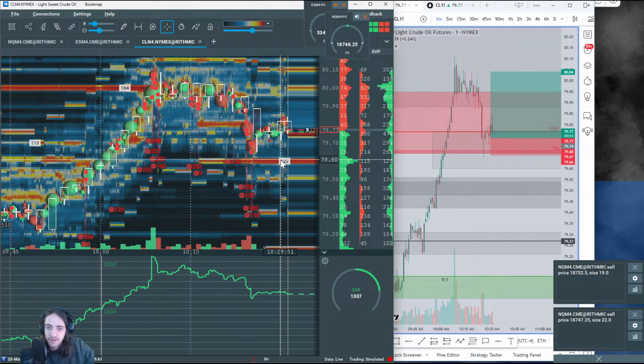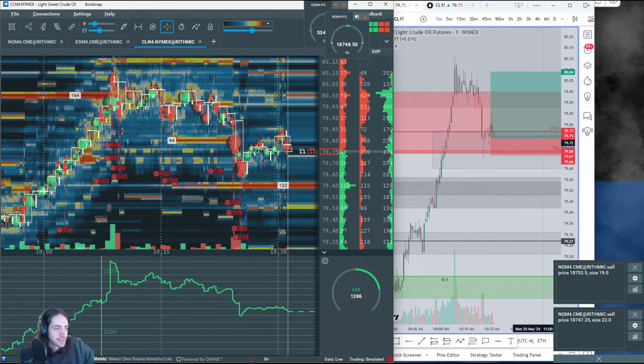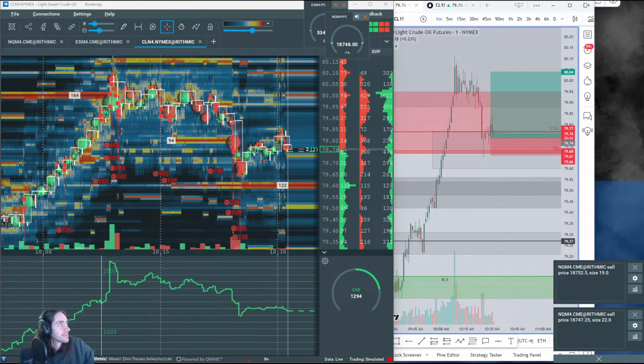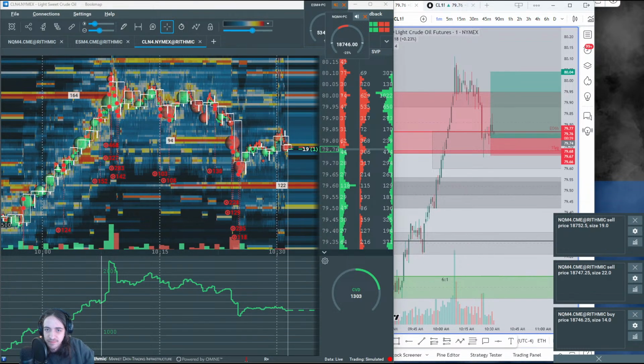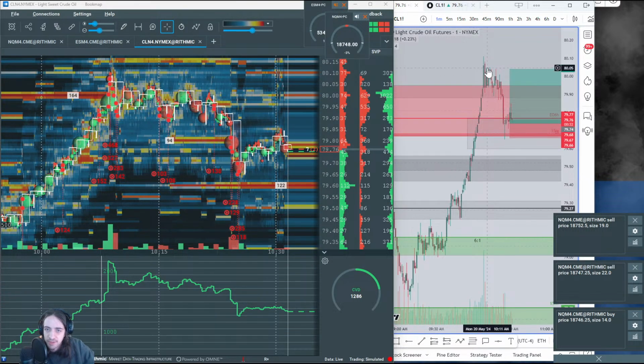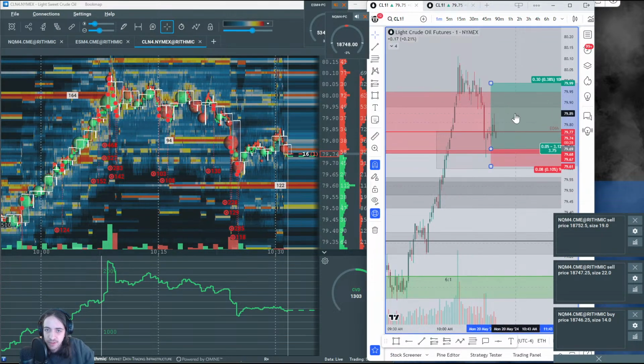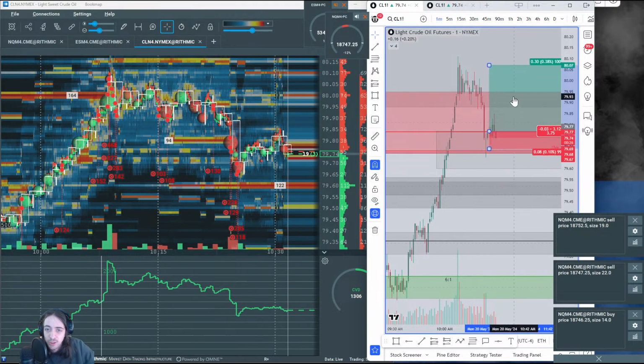79.60, pretty strong level. VWAP on crude around 79.50. You know what it is? We broke the supply zone, and a lot of times when we break supply, I look for key levels, like where the start of supply is, to go long or short.